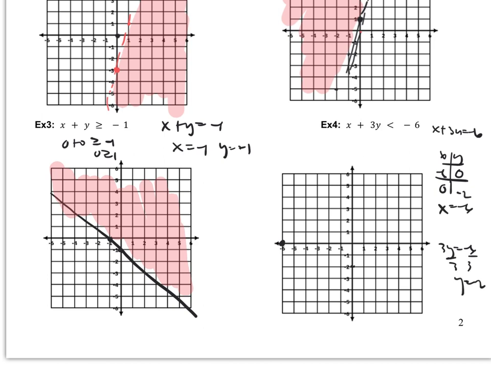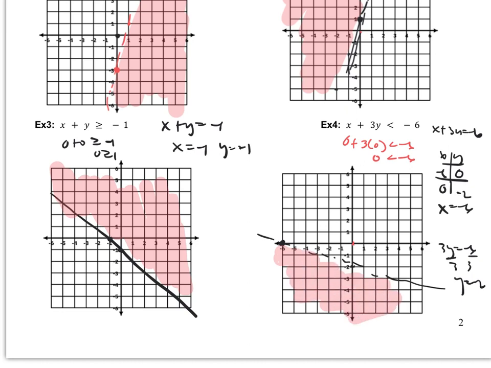Before I connect, I look at my inequality and say, okay, that's less than, so I want to connect them with a dashed line. I'm going to test the origin. 0 plus 3 times 0 is less than negative 6. 0 is less than negative 6. That is not true, which means the origin's not a solution, so I'm going to shade the other side.